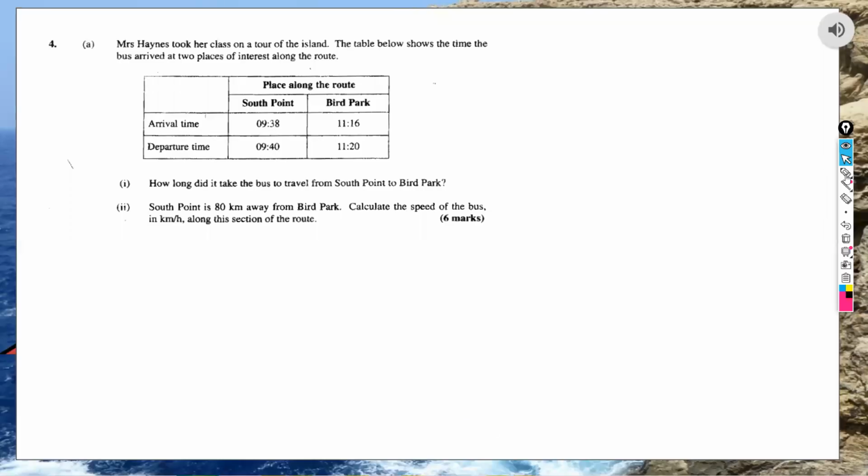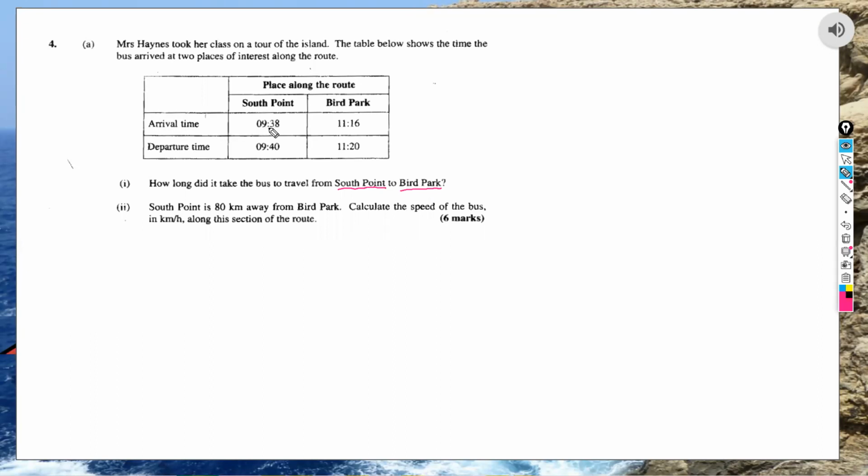All right, so I think the main problem here is that you only want the time it takes to go from South Point to Bird Park. You're not counting the time you are spending at South Point. So check it out.